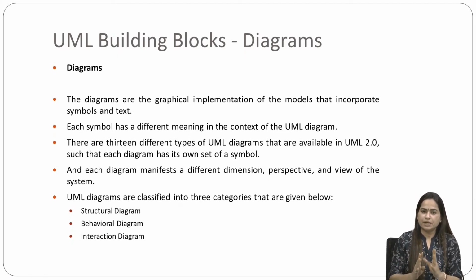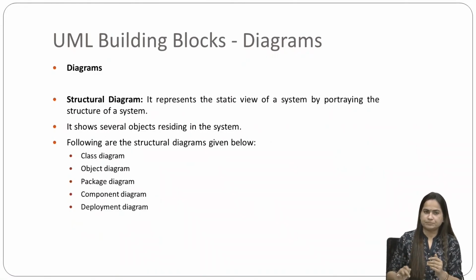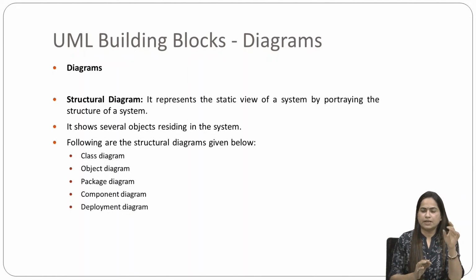Mainly we have three categories of UML diagram. When we classify them, we can classify them into three categories: structural diagram, behavioral diagram, and interaction diagram. Now what do you mean by structural diagram? It represents the static view. Students, just remember, wherever you have structural, it means you have static.